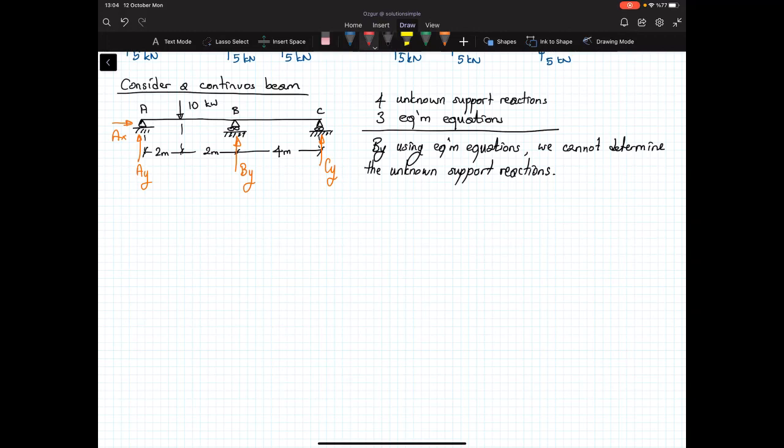So this type of structure, we call it indeterminate structures. Right? Because by using the equilibrium equations, we cannot determine all the unknowns. So what do we do? I need additional equations. Okay? So we need additional equations.